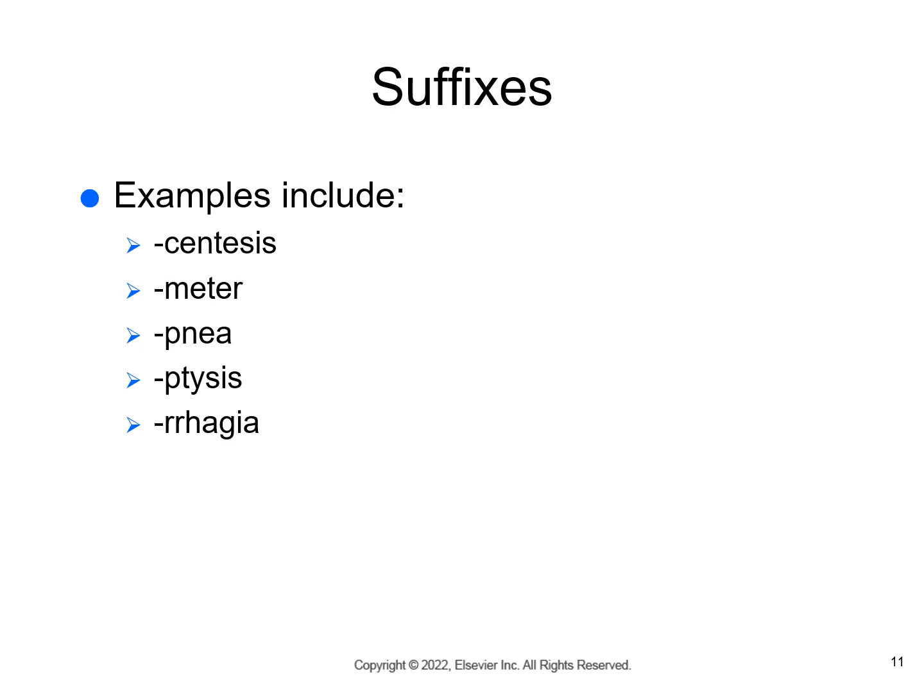Pnea, in this case the P is silent, means breathing. I'm going to put the combining vowel on the next one because it's a little hard to say without it, and that would be ptysis, and that means spitting or coughing. Rrhagia means excessive bleeding.